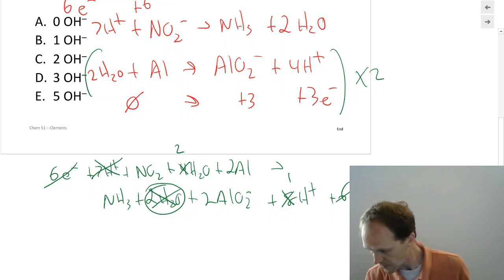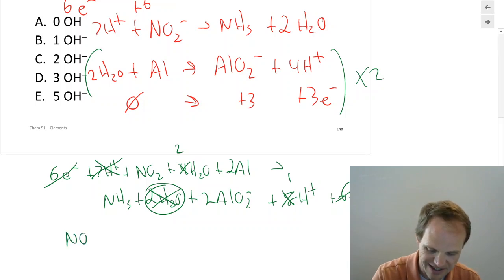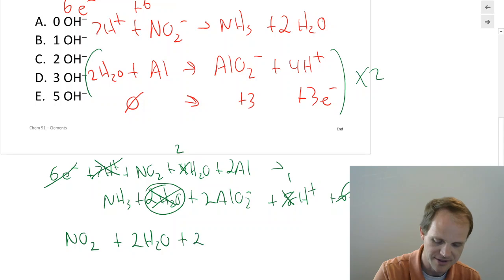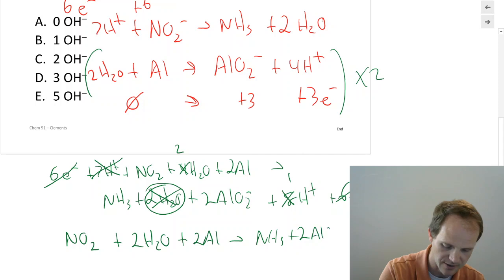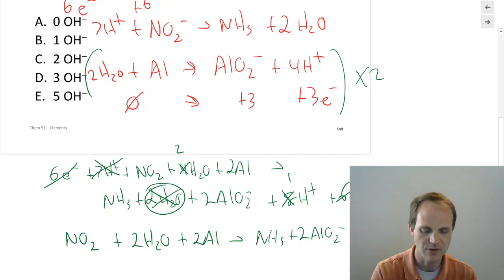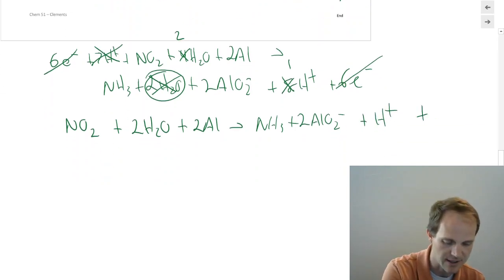So when I do this one, let me write this out a little neater. 2H2O plus 2Al goes to NH3 plus 2AlO2 minus plus H plus. Remember what we do when we're balancing in basic solution is we add 1 OH to either side.